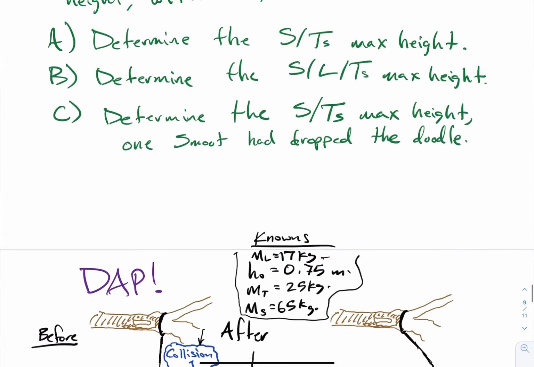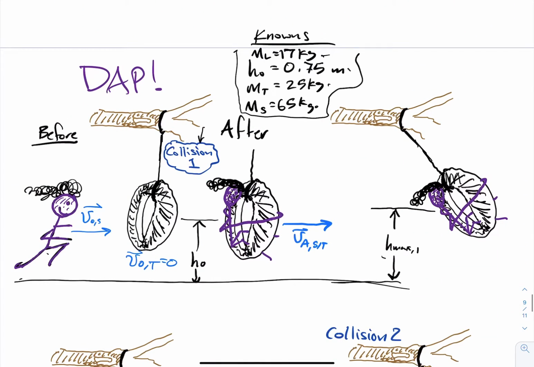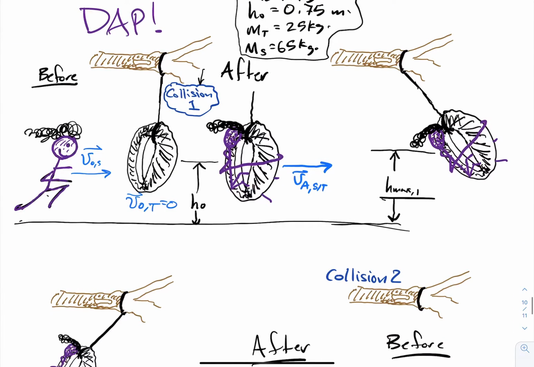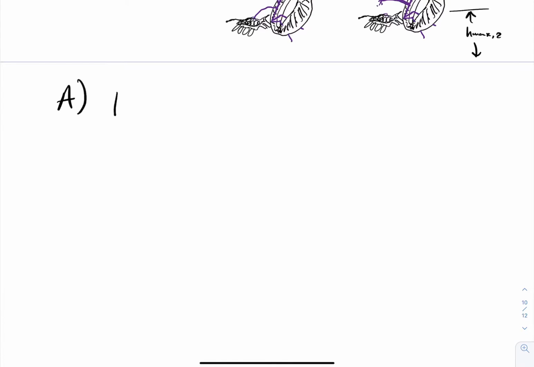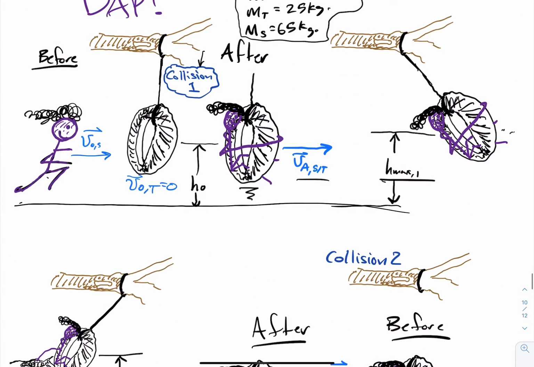Okay, and the first part of this problem is asking us to determine this max height. And so really, when we look at this, it should feel an awful lot like a POCO problem, where we have a body starting with a whole bunch of kinetic energy, and all that kinetic energy is getting transformed into potential energy when it stops moving. And so for part A, we're going to start with POCOE. And POCOE will be comparing the total energy here with the total energy here.